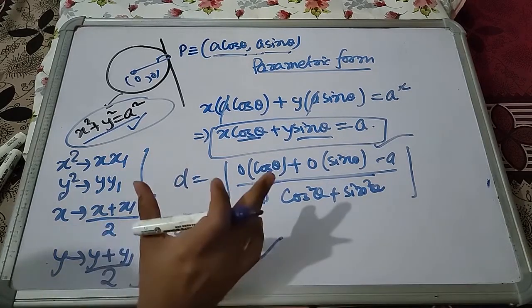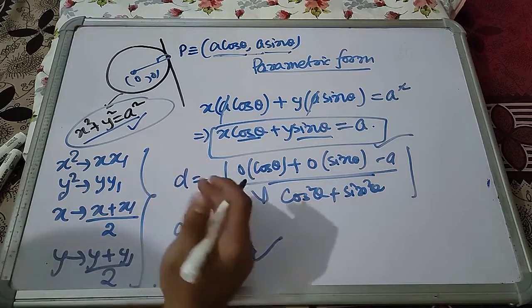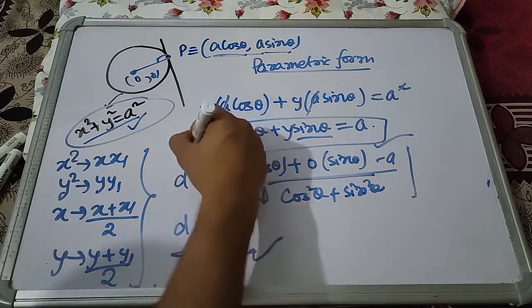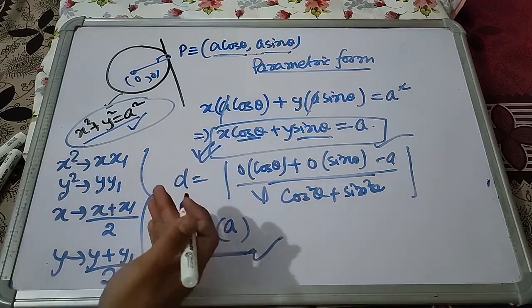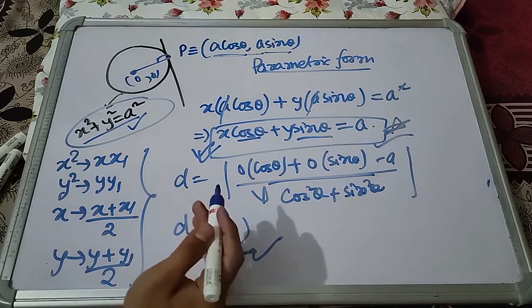So we can see that the perpendicular distance from the center to the tangent is equal to the radius, and this helps us verify that the equation we have obtained through this transformation gives us correct results. This is another important form known as the parametric form of tangent.